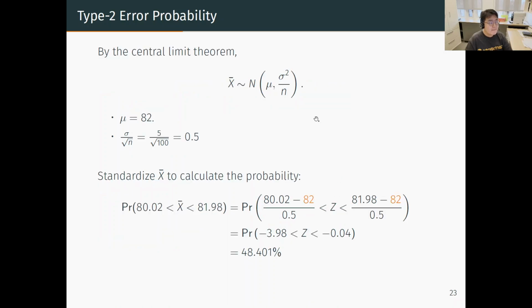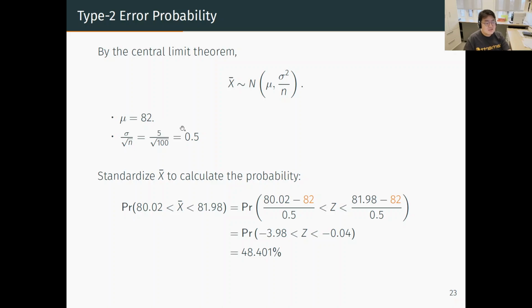And then again, we are going to use the central limit theorem to approximate the sampling distribution to a normal distribution. But in this case, the variance is the same, but the center is now 82, because the null hypothesis is wrong, and we assume that the distribution is generated from 82.